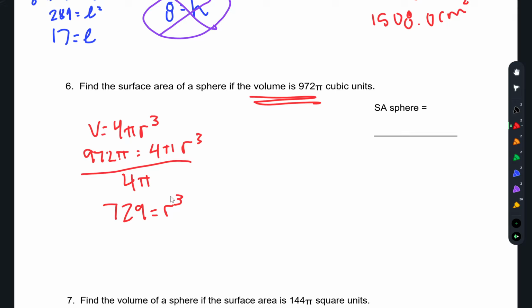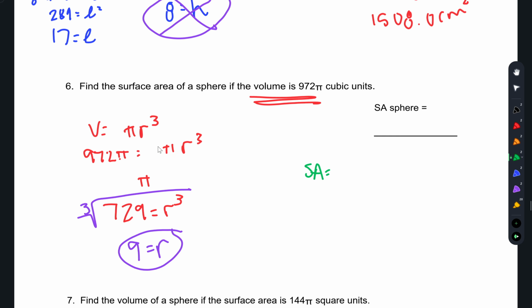And then just like a square root undoes a square, a cube root is going to undo a cube. So the cube root of 729 is 9. Our radius is 9. We're going to go back to our surface area, which is, oh, sorry, I left out 4/3. My bad, this is supposed to be a 4/3.